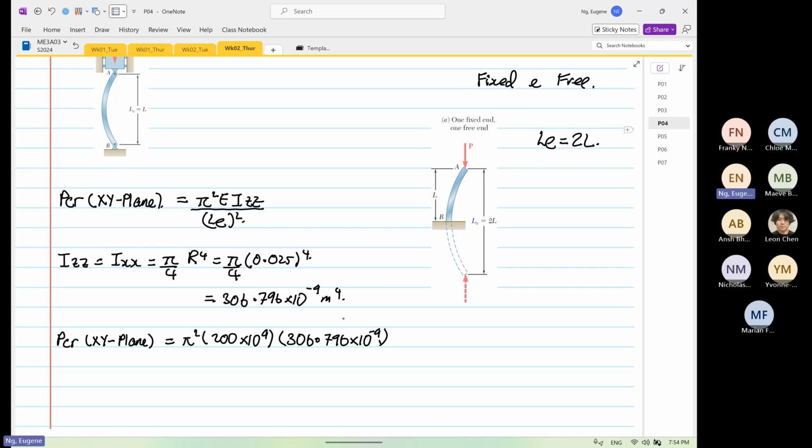This is the formula for a round rod. I will provide you with this formula, so don't worry, it will be given.